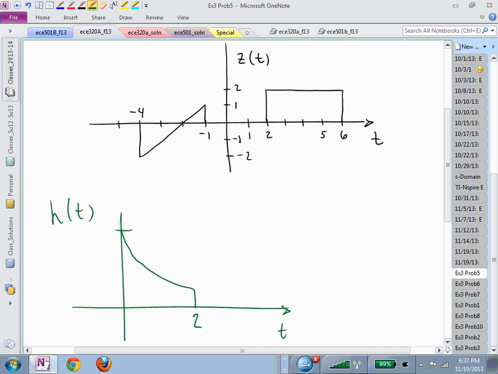Well, this guy continues to shake because it has some memory. But it only shakes for 2 seconds beyond when you hit it. So when is the last output going to be seen? 2 plus 6, isn't it? 8. Is that making sense?